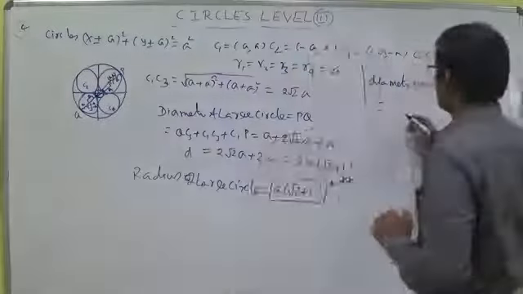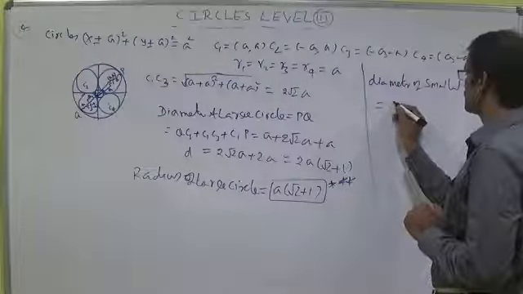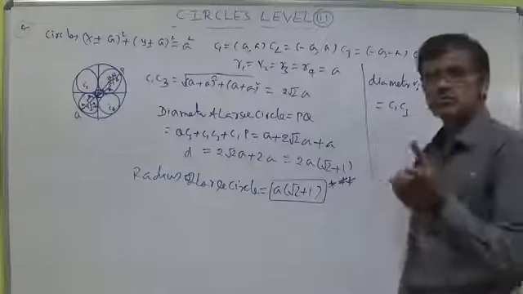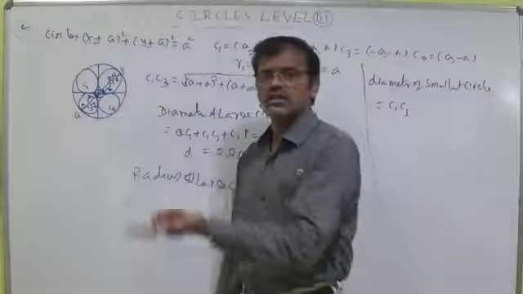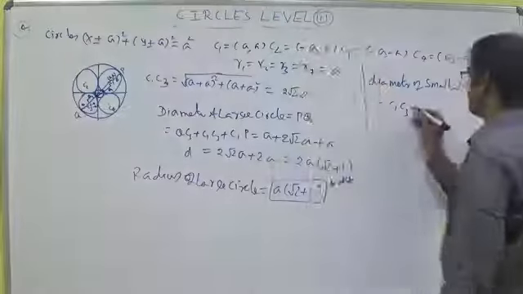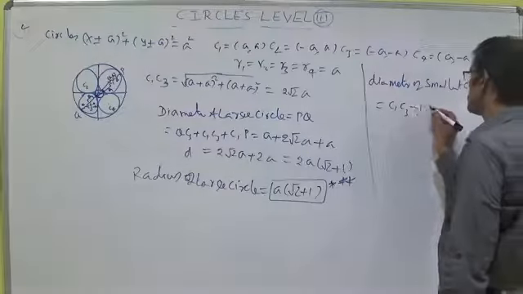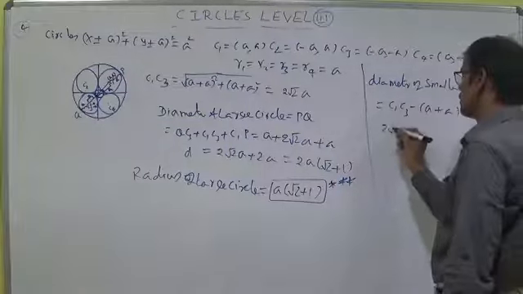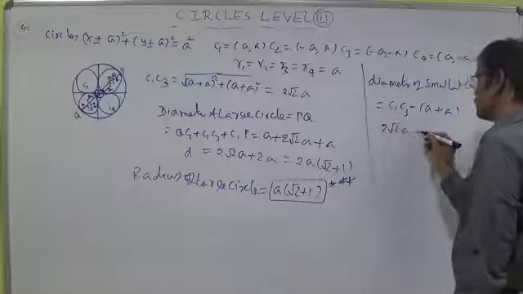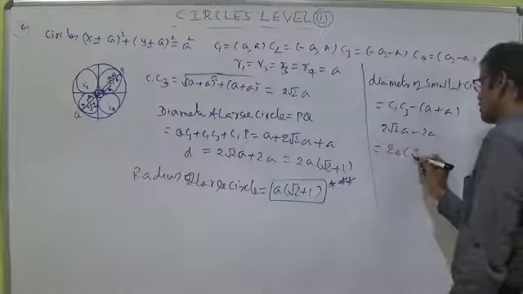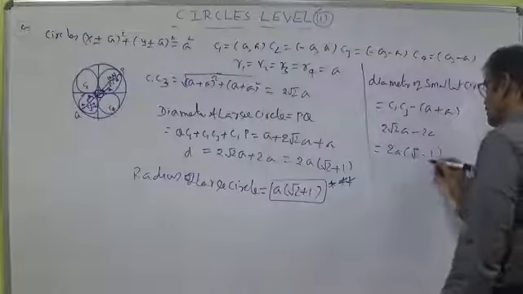I am writing the diameter of the smallest circle equal to C1C3, the distance between two centers, minus this radius and that radius. You get the diameter of the smallest circle. Now C1C3 minus (A plus A). What is C1C3? Already we found it as 2 root 2 A. So 2 root 2 A minus 2A; taking 2A common, it becomes root 2 minus 1.